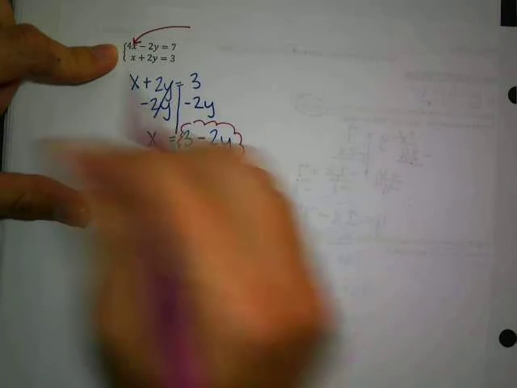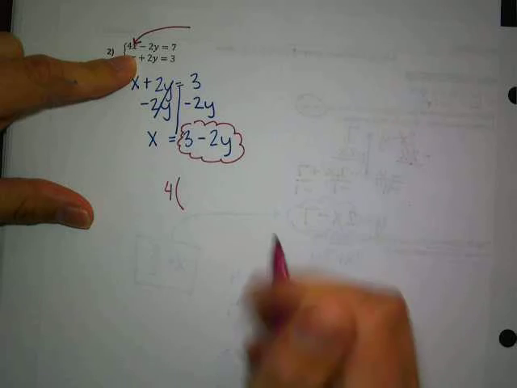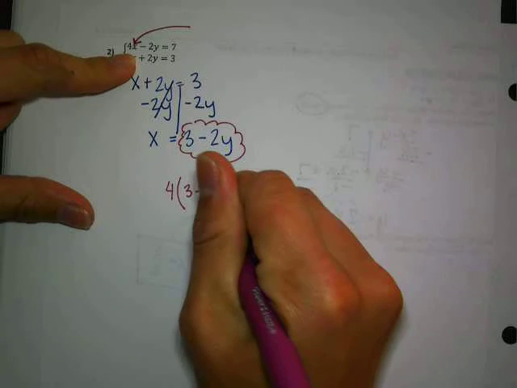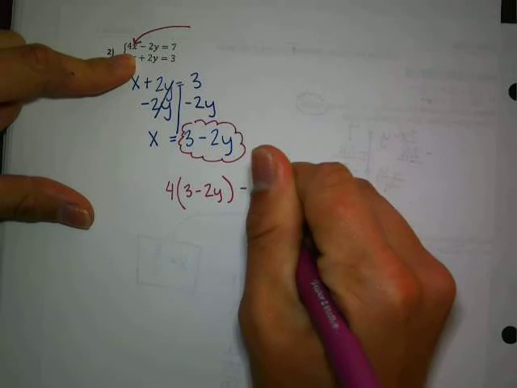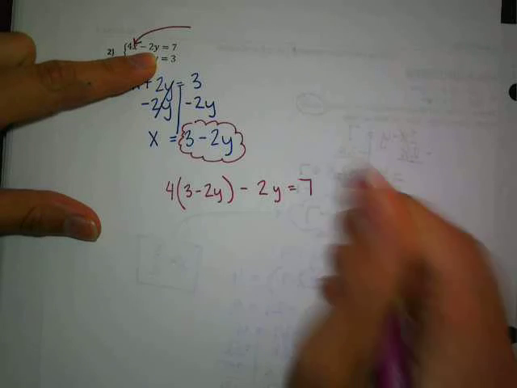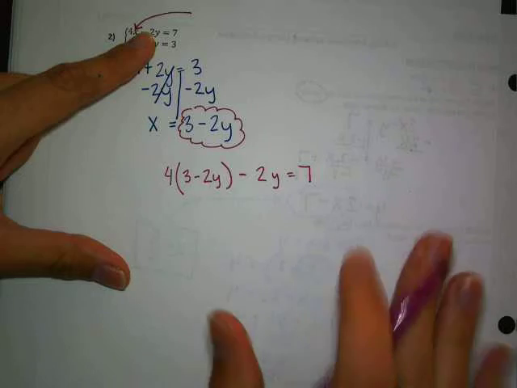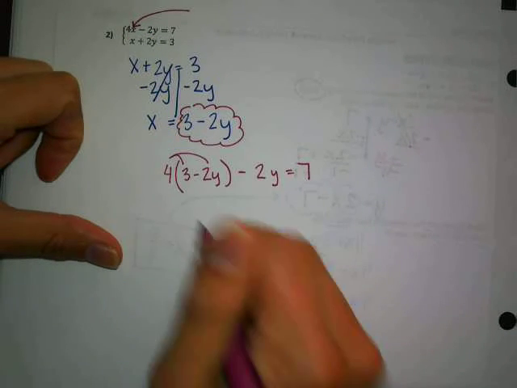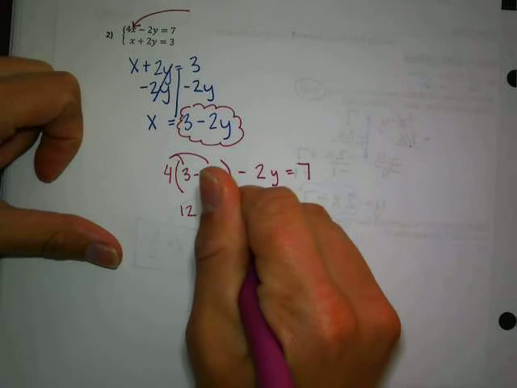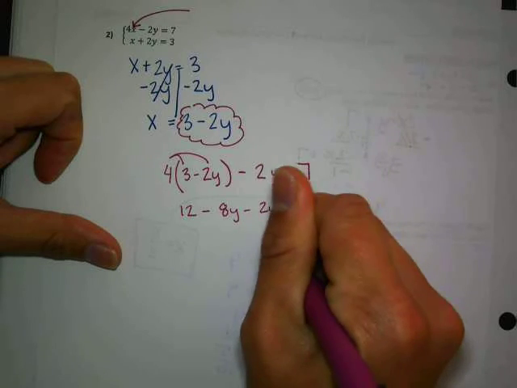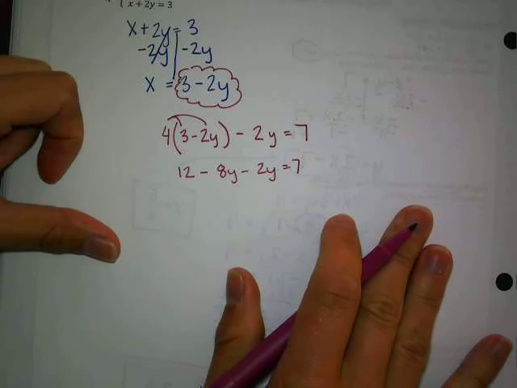Alright, 4 times, in place of x, I'm going to put 3 minus 2y, minus 2y equals 7. So don't forget the other 2y there. Distribute your 4. 12 minus 8y minus 2y equals 7.